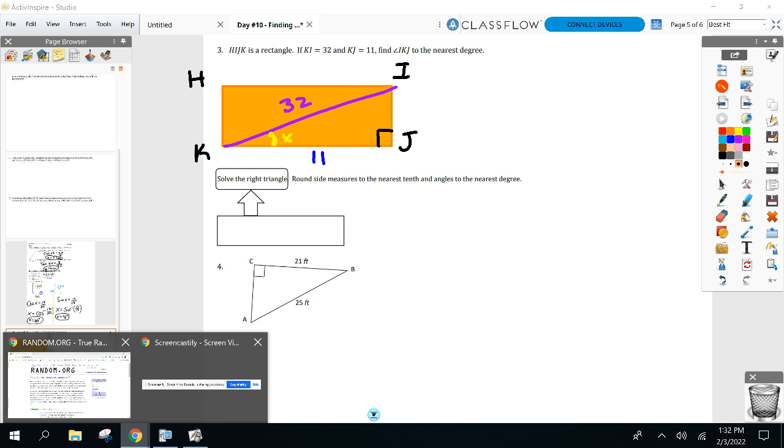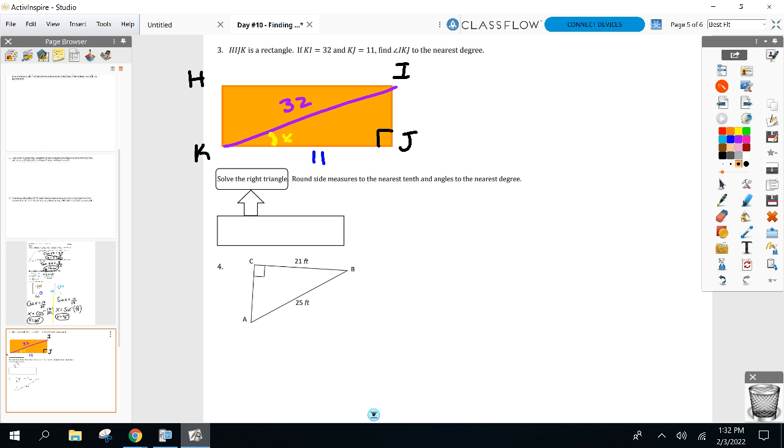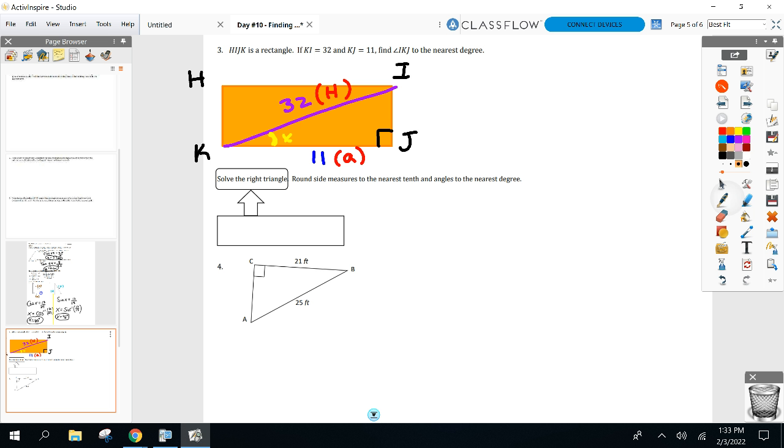All right, going back. What sides do I have now? What side's the 11? That is adjacent. And how about the 32? Hypotenuse. Yep. And if I have adjacent and hypotenuse, what ratio? Cosine. X equals adjacent over hypotenuse.